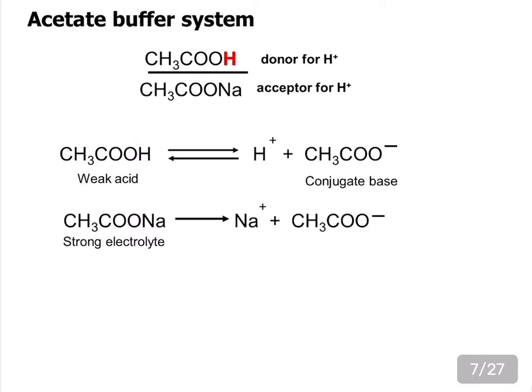Sodium acetate is a strong electrolyte, so it will form acetate ion that can add a proton, and as a result acetic acid will form again. That's why sodium acetate is an acceptor for protons.